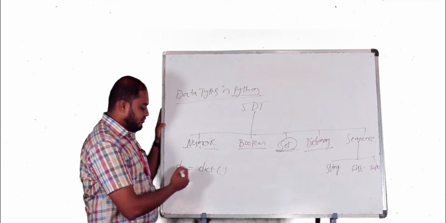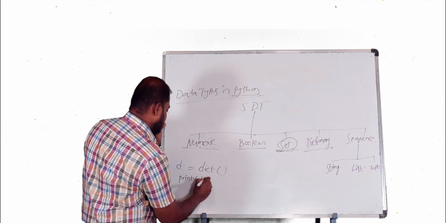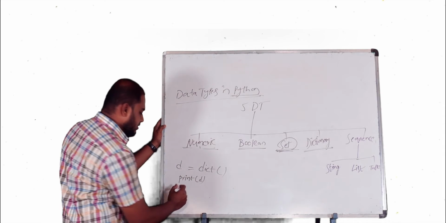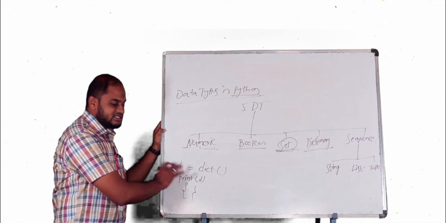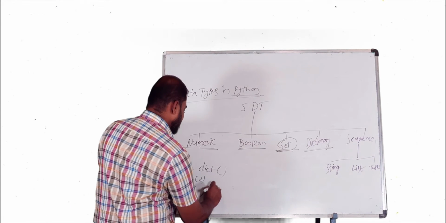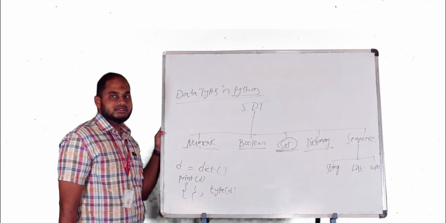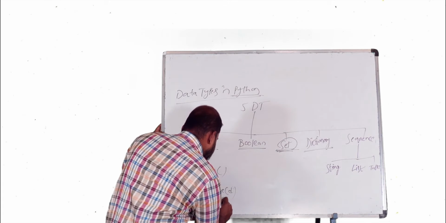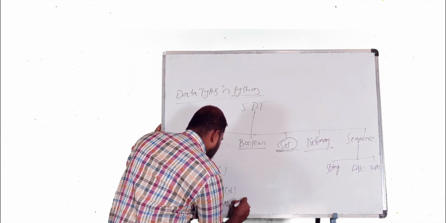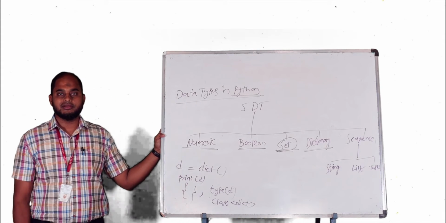If you print D, you will get an empty dictionary. If you want to check whether it is a dictionary or not, you can use the type function, type of D, and the output you will get is class dict. This is how a dictionary is represented in Python programming.